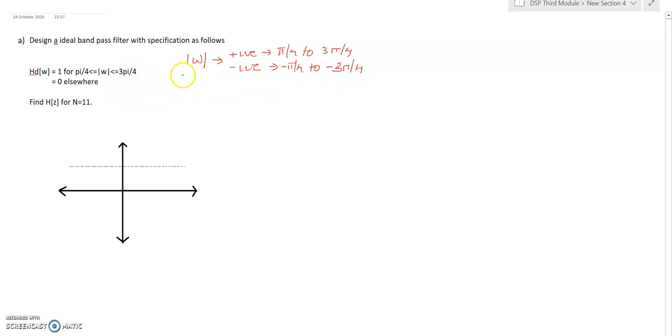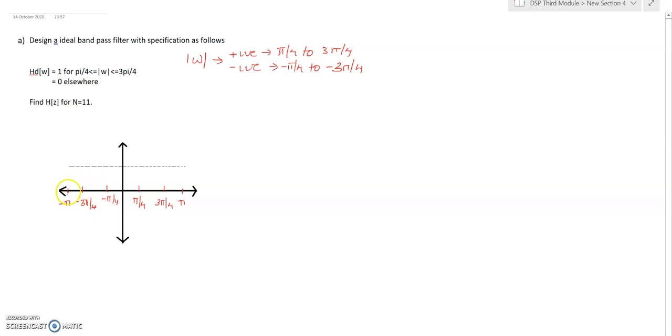If this is given to you instead of this particular form, this is something that you should get as a concept. So we need the filter specification to be drawn. We'll be marking pi by 4, this will be 3 pi by 4 and this will be pi. Similarly, you'll be having minus pi by 4, minus 3 pi by 4 and minus pi.